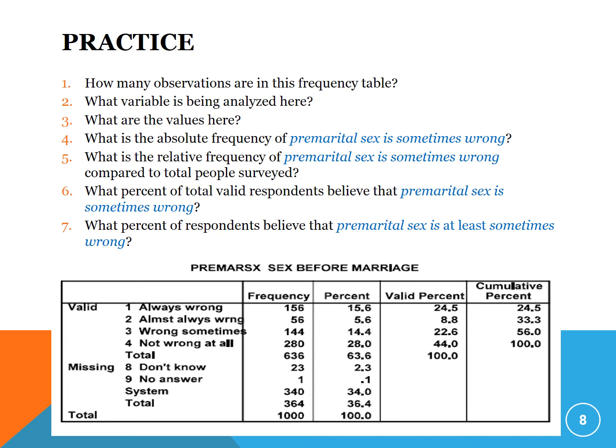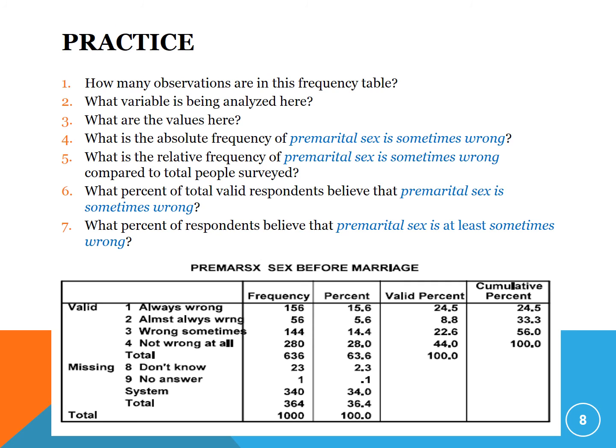What percentage of respondents believe that premarital sex is at least sometimes wrong? I don't like the way I phrased this. I would say that believe premarital sex is always wrong, almost always wrong, and sometimes wrong.